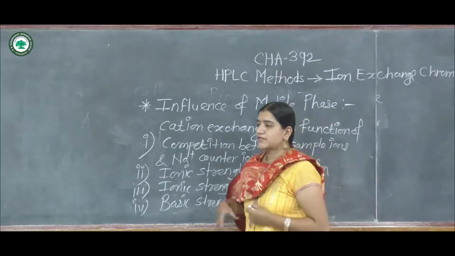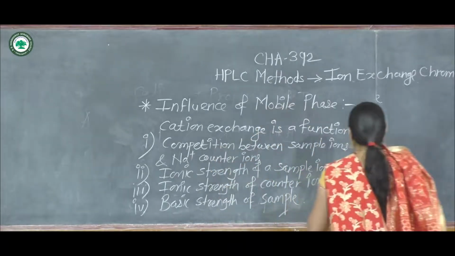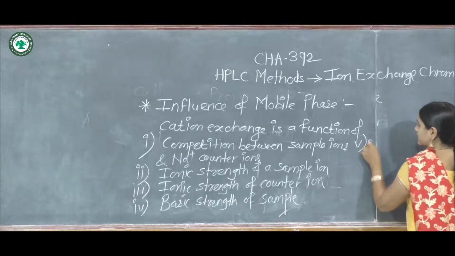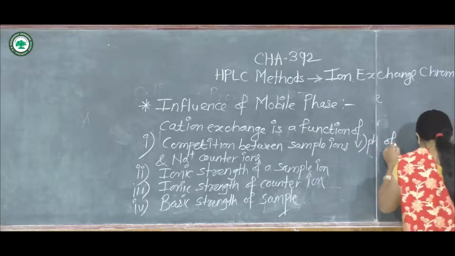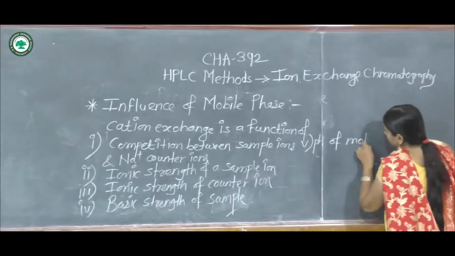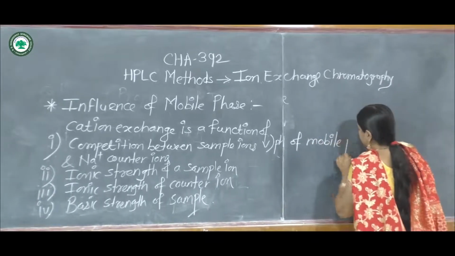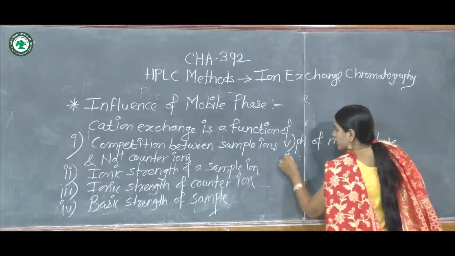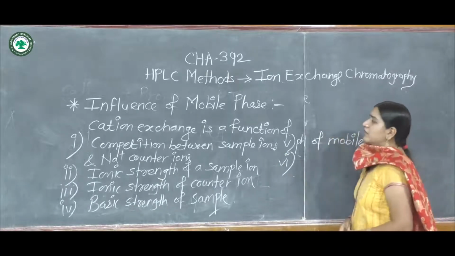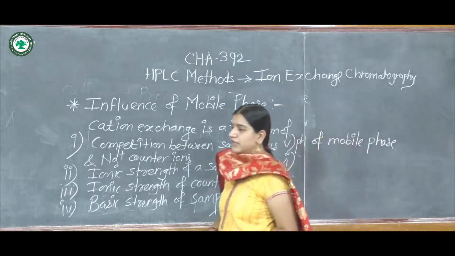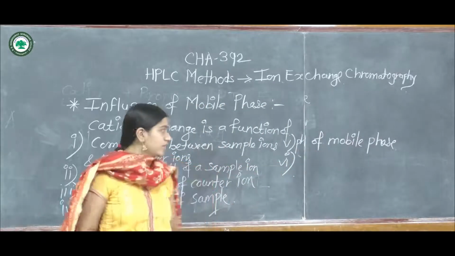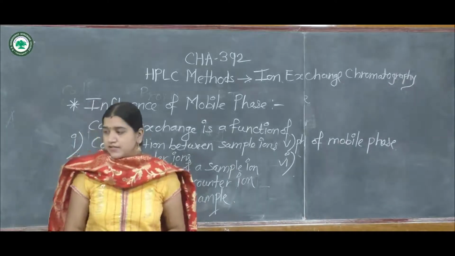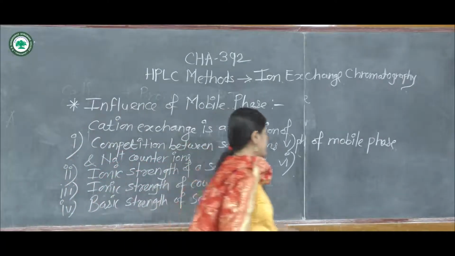Now after the basic strength of a sample, the next important thing is the pH of a mobile phase. So the cation exchange is a function of pH of a mobile phase as well as acid strength of the cation exchanger.